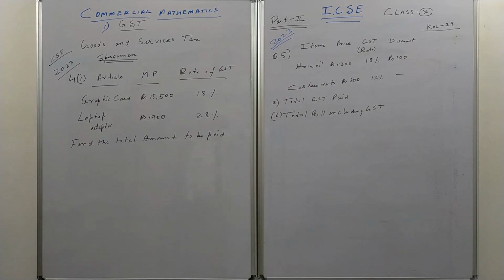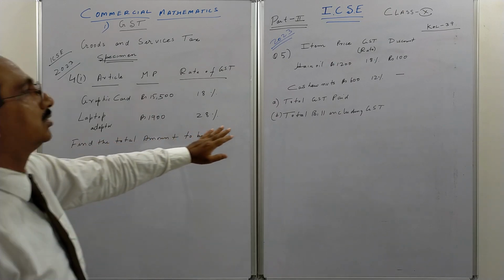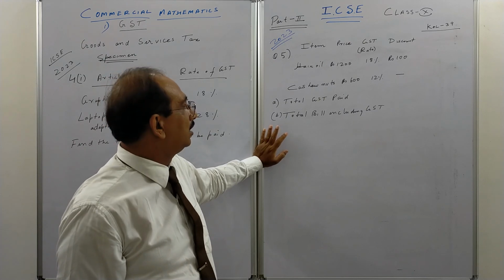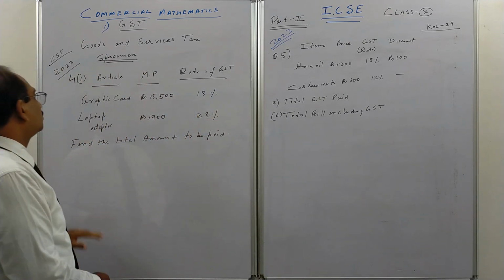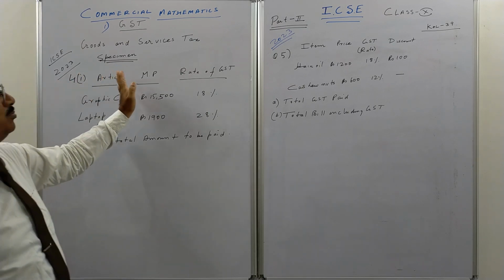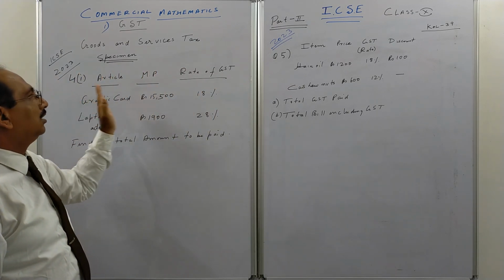Now we move on to the traditional type of question, which is 4 part 1 in the specimen paper, and then our real ICSE question of 2023. You can see the original question and we will solve this first. See how the specimen matches the real question paper.